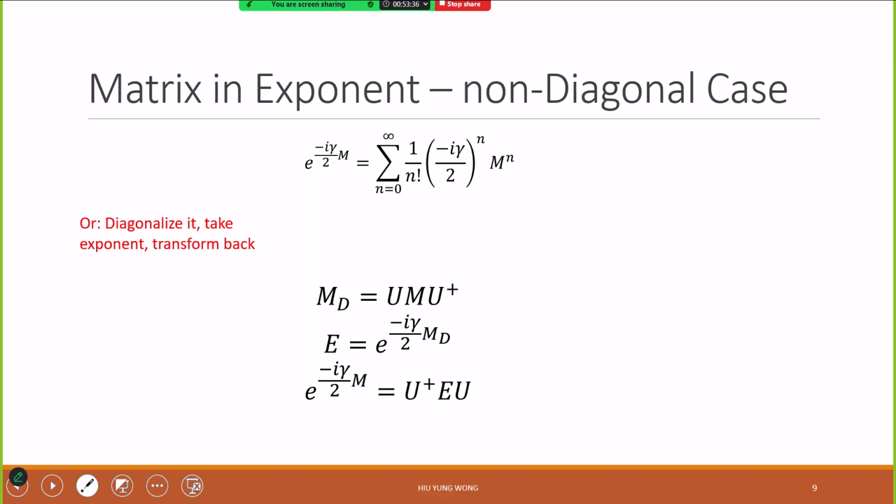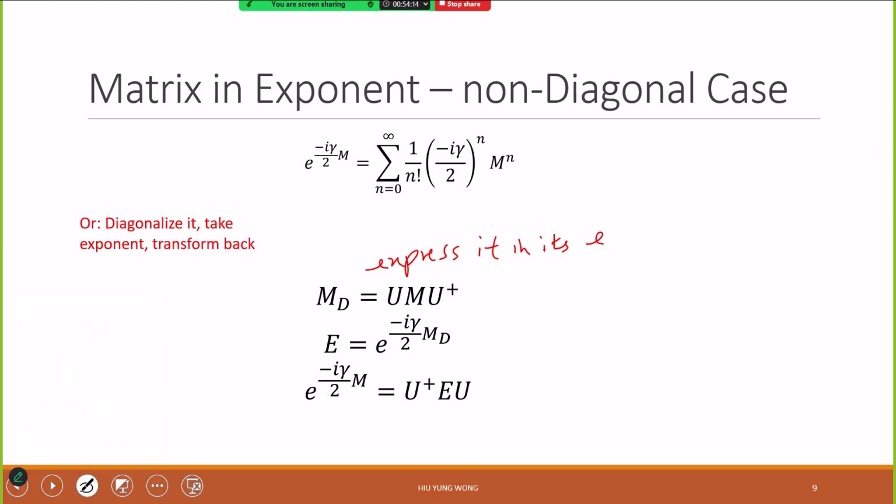So what we can do is that we first diagonalize the matrix. Remember, for every M, for this well-behaved one that we have been discussing, it has its eigenvectors. So we can diagonalize this matrix so that it becomes a diagonal form. When we say diagonalize, what do we mean? We mean express it in its eigenbasis.